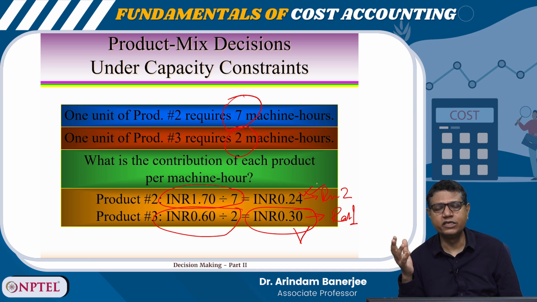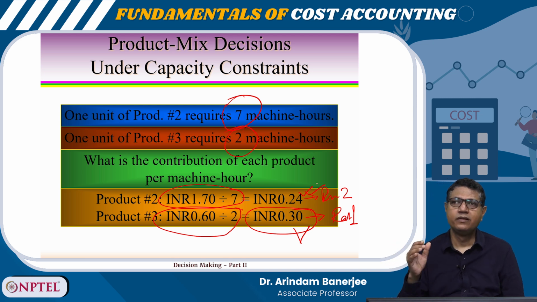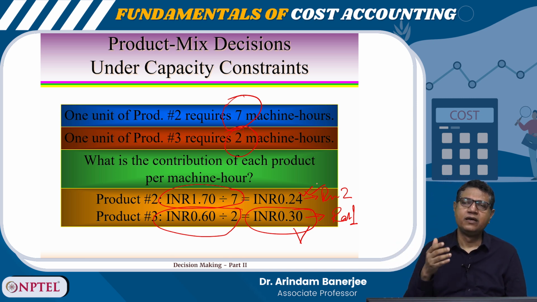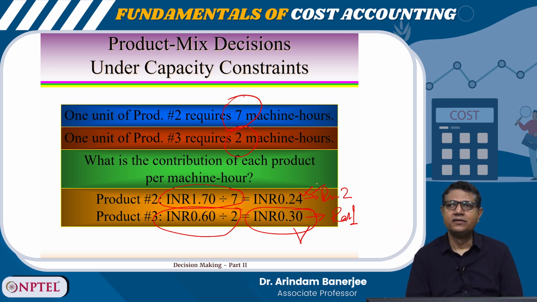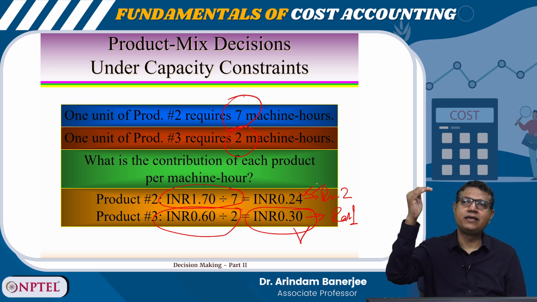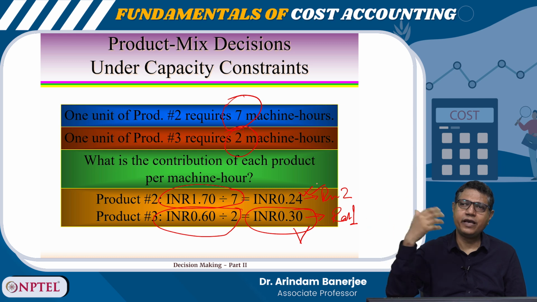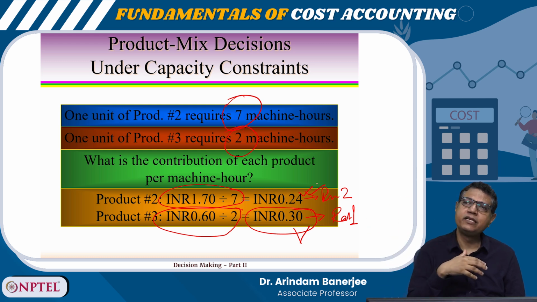So in such a situation where there is no limiting factor, there is no constraint, I should go for the factor in which the contribution margin is the highest, right? If the contribution margin is highest, and I produce it in abundance, then I should be able to maximize my profit, right? But in practice, in the real world, the situation is different.